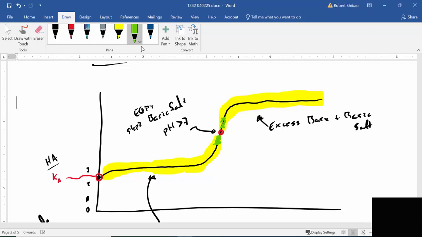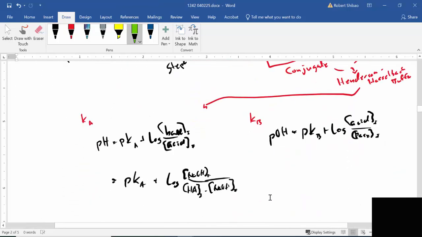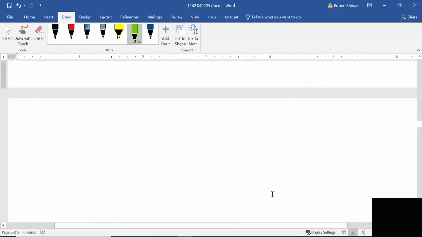There's shortcut ways of doing this. And so I'm going to show you the long way, and I'm going to show you the short way in titration calculations. So let's do some example titration calculations here.